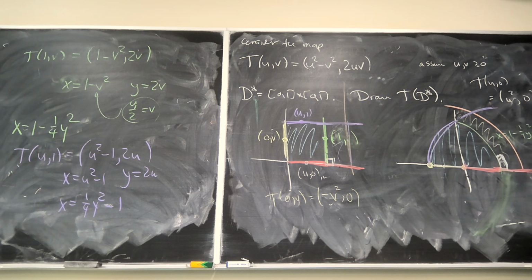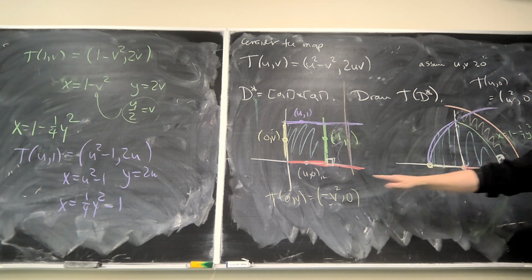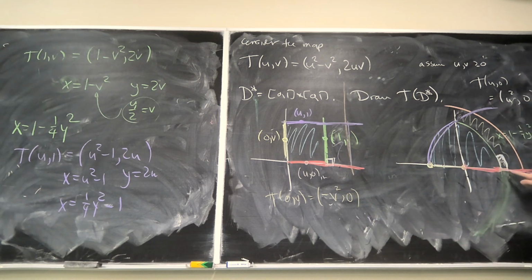So that little square is a square before you did the transformation, but there's a distortion factor that happened. That little dA under this map has turned into something that's not a square anymore. 2u minus 2v, and then also in the other direction, 2v plus 2v.